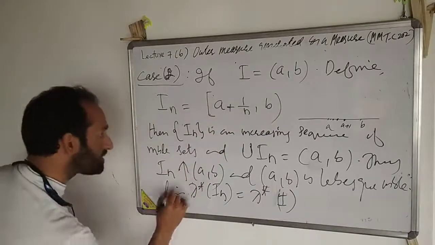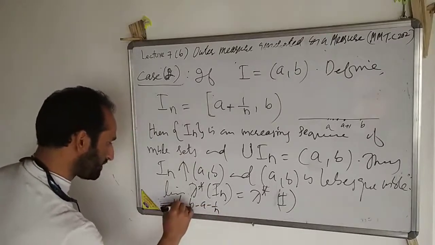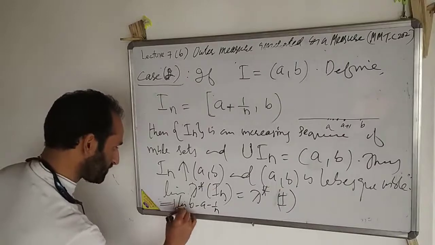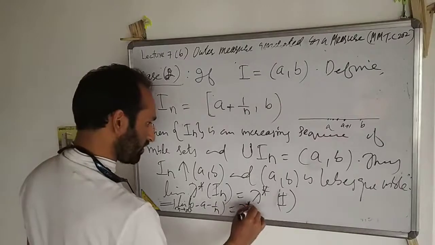So that means b - a - 1/n, the limit of this as n approaches infinity, the limit of b - a - 1/n is equal to the Lebesgue outer measure of I.